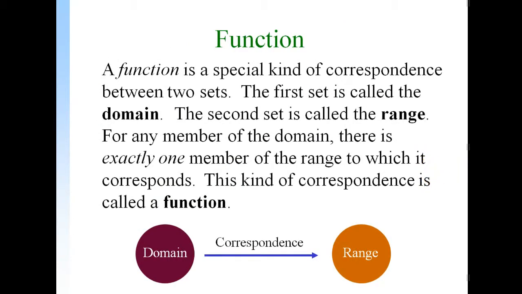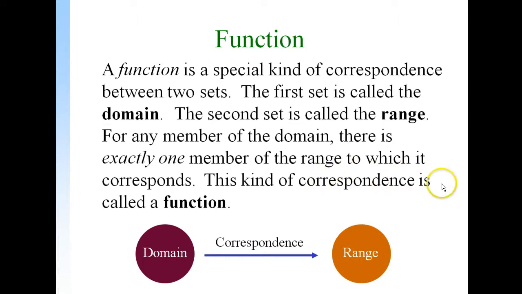Now, it's a little more complicated than the definition I gave you, but here is this one. A function is a special kind of correspondence between 2 sets. The first set, again, that's the x element, is the domain. The second set is called the range. Those are the y elements. For any member of the domain, there is exactly one member of the range to which it corresponds.